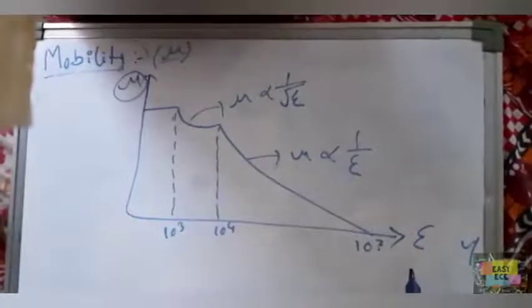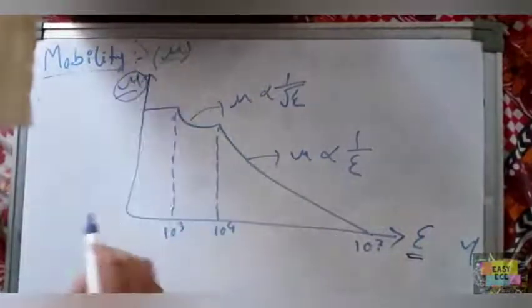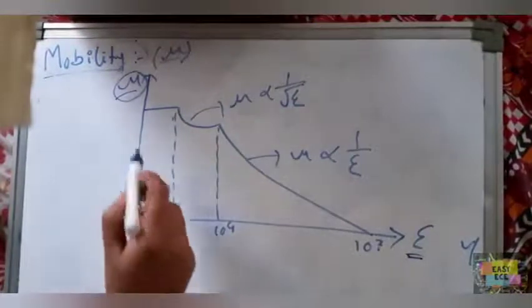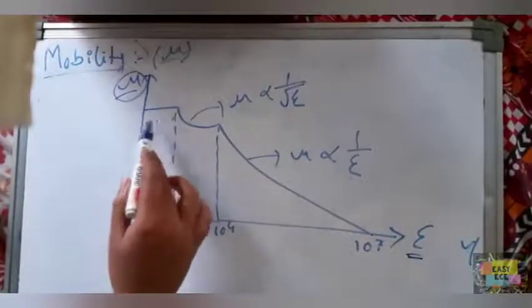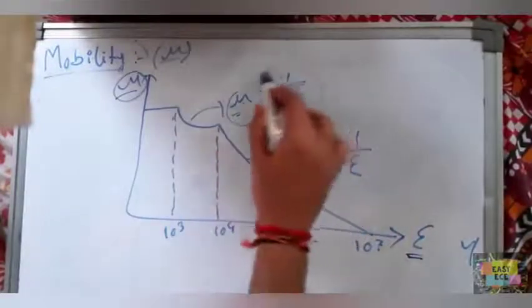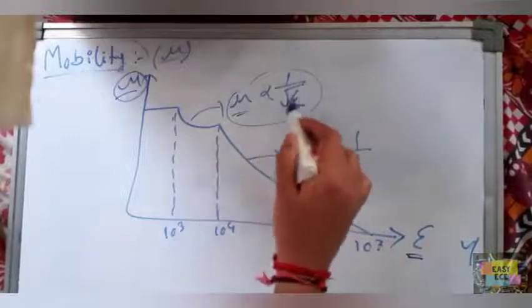This is the plot of electric field on the x-axis and mobility on the y-axis. The graph looks like this: first it is linear, that is, mobility is constant. Then the mobility is inversely proportional to the root of the electric field.